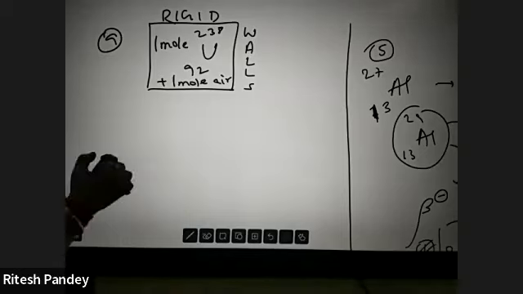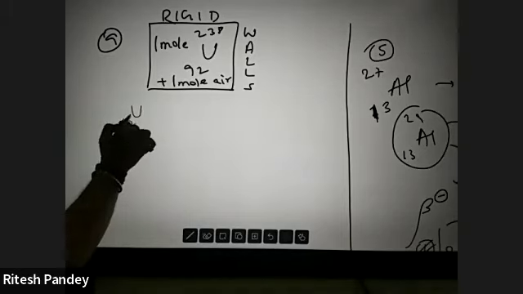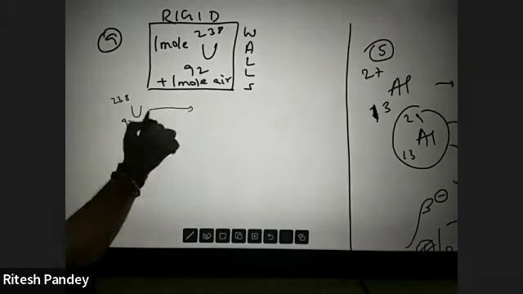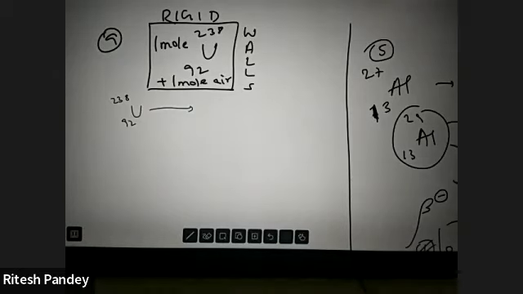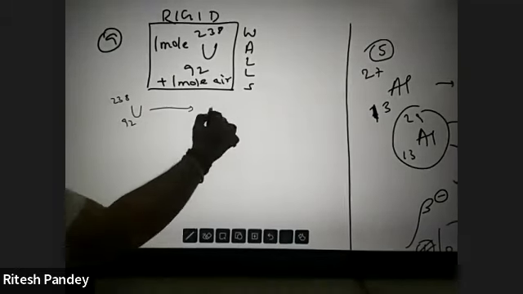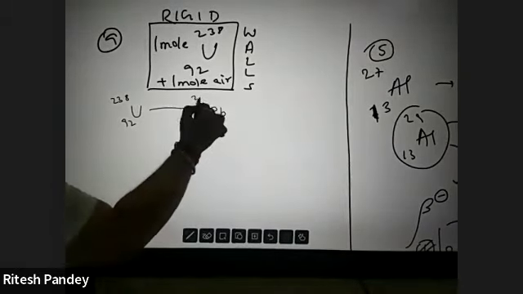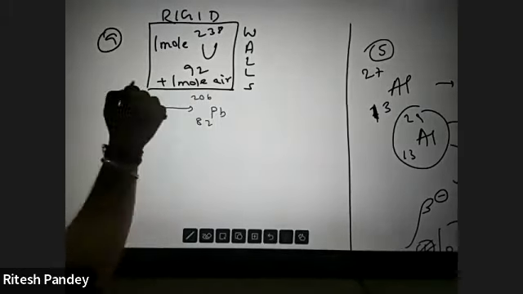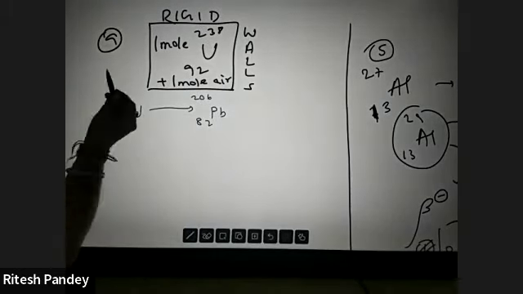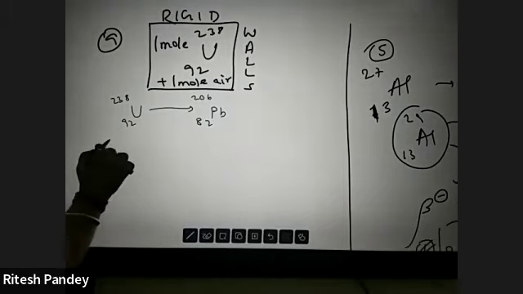Now this is the change happening. U92 238 is becoming lead 82 206. Now this is the most natural radioactive series. It's the most active natural radioactive series. Let me ask a more fundamental question.